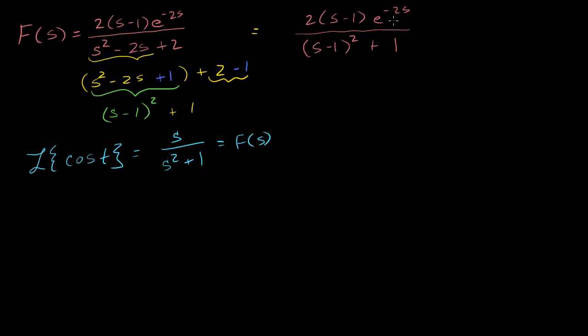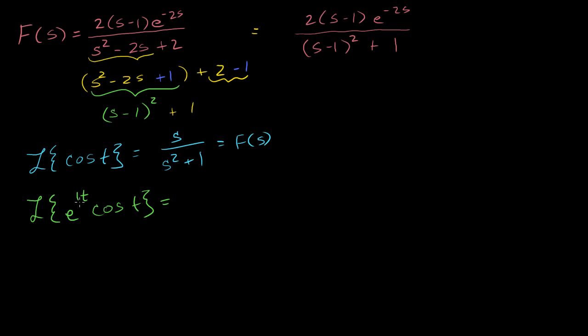Well, let's ignore this guy right here for a little bit. From the last video, we saw what happens if we took the Laplace transform of e to the 1t times cosine of t.